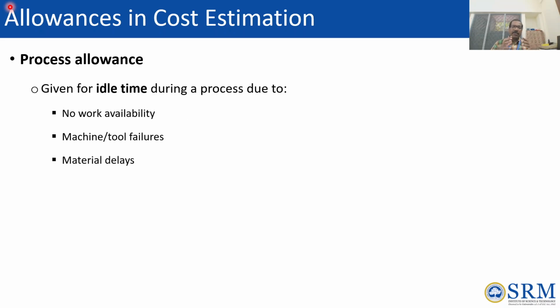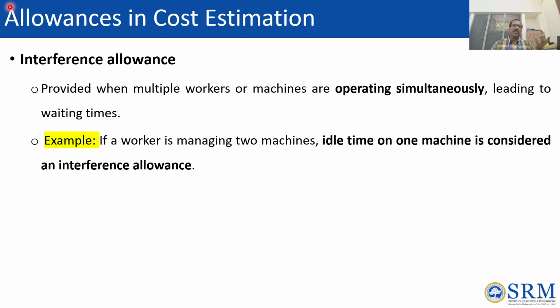Machine or tool failure means it stops permanently for more than an hour or something. And sometimes material delay, the delay of the raw material from an external source to our company or from our internal company store to our work table, may come. Now that comes into process allowances. Okay, that also needs to be accounted.